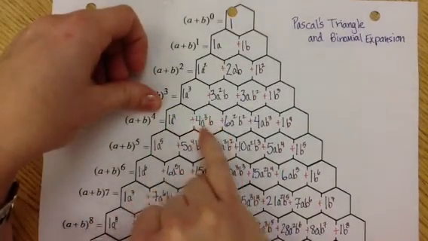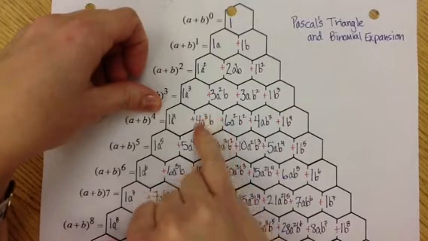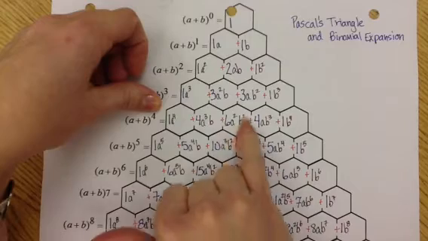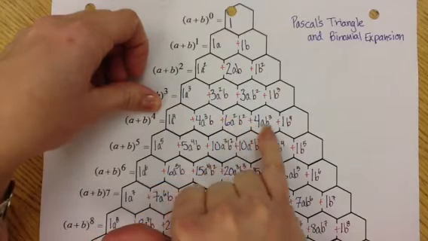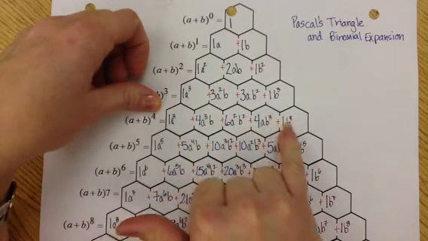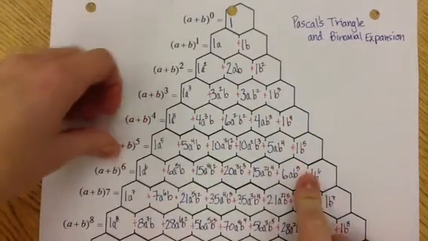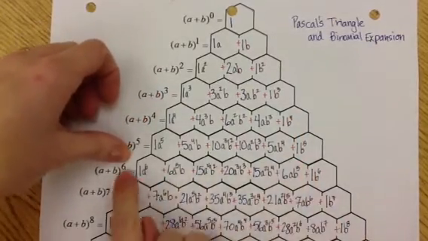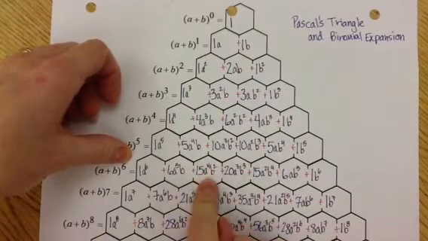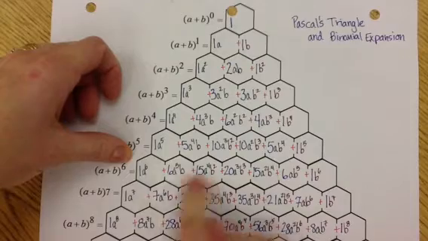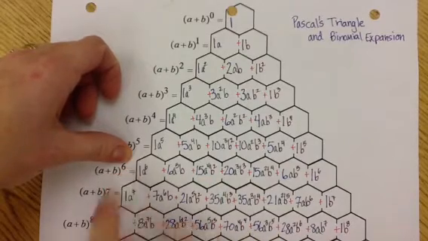The degree of this term, we have 3 a's and 1 b, so this degree is 4 also. Here we have a squared and b squared, so the degree here is 4. ab cubed, the degree is 4. b to the 4, the degree is 4. So every time you have a term in a row, the degree for the monomial should match the degree that you are raising your binomial on the left to that power.